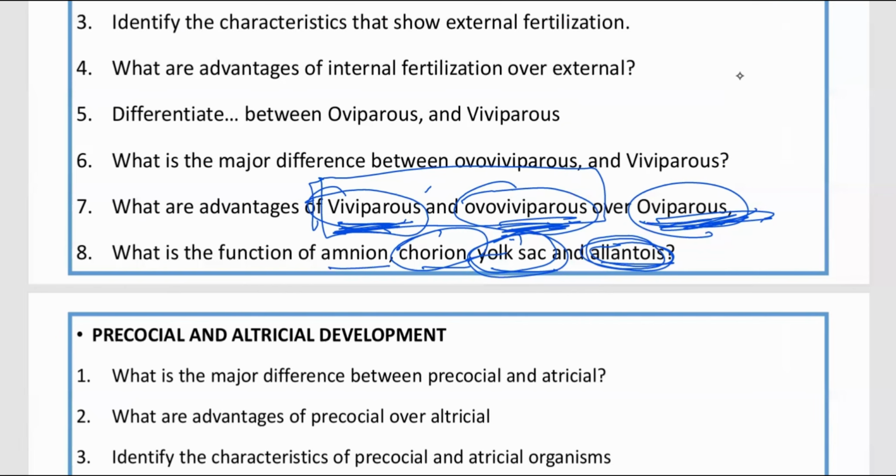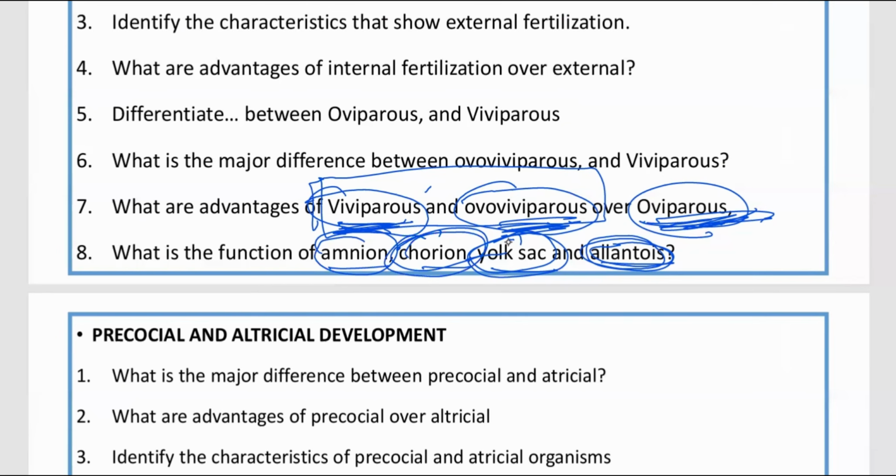Then we have amnion. Amnion is responsible for protection, keeping the internal environment constant in terms of temperature for this embryo. So it brings about free movement of the baby. It is the fluid where the embryo is playing around. So amnion is very good for the baby, protecting the baby, a shock absorber, allowing free movement of the embryo.